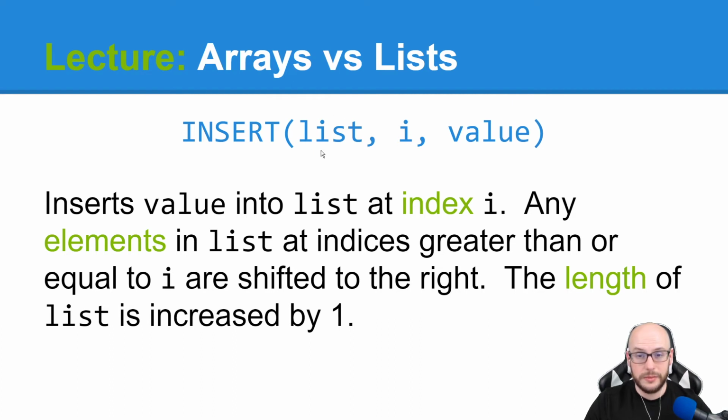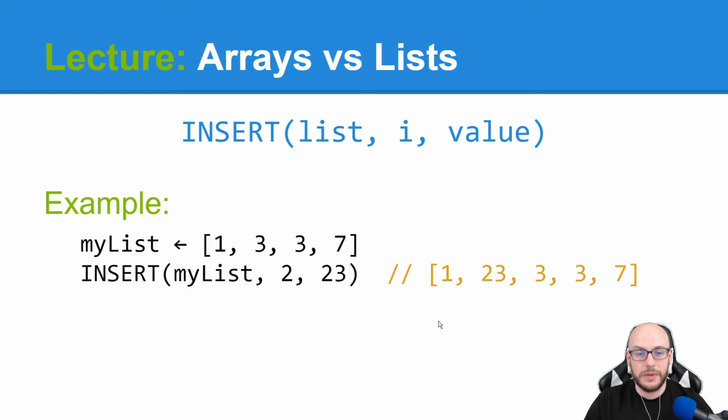That's the first parameter here, at index I. Any elements in list at indices greater than or equal to I are shifted to the right. We don't have a direct analog for this in terms of arrays. There is something in Java called ArrayList, which will function similar to this, but when it comes to arrays themselves, we don't have a direct analog. As a result, the list length will increase by 1.